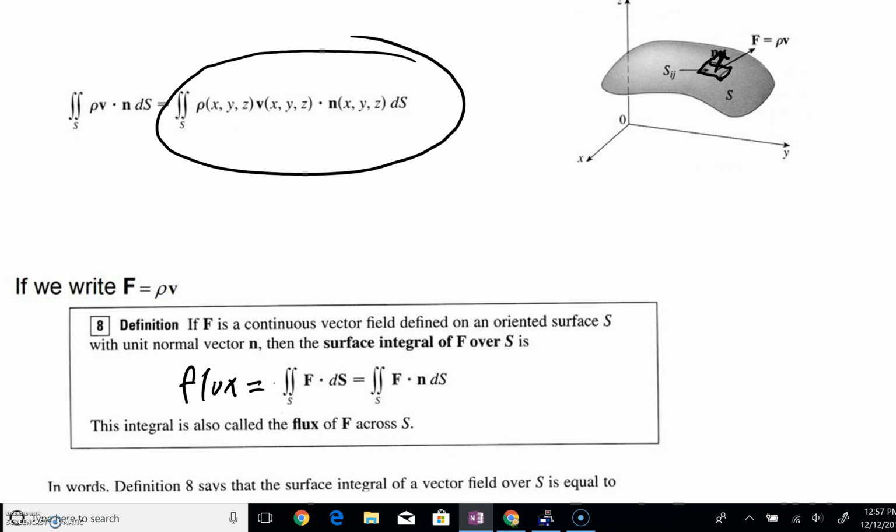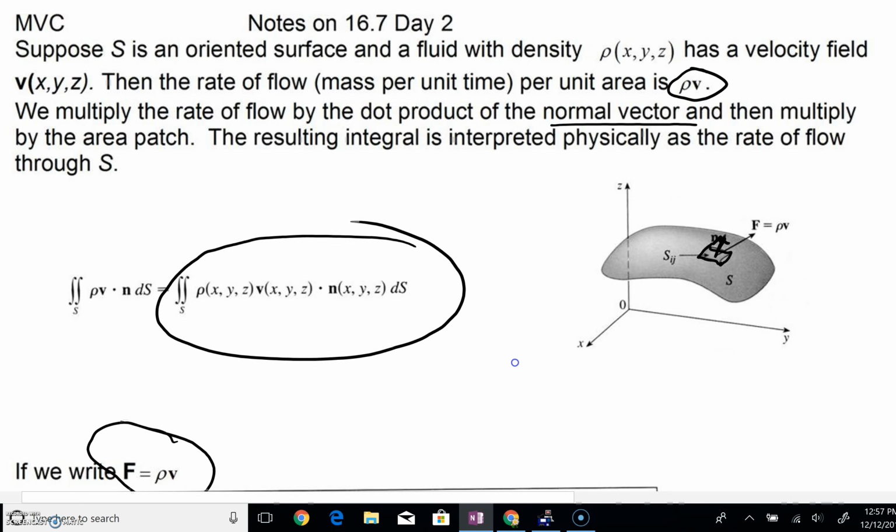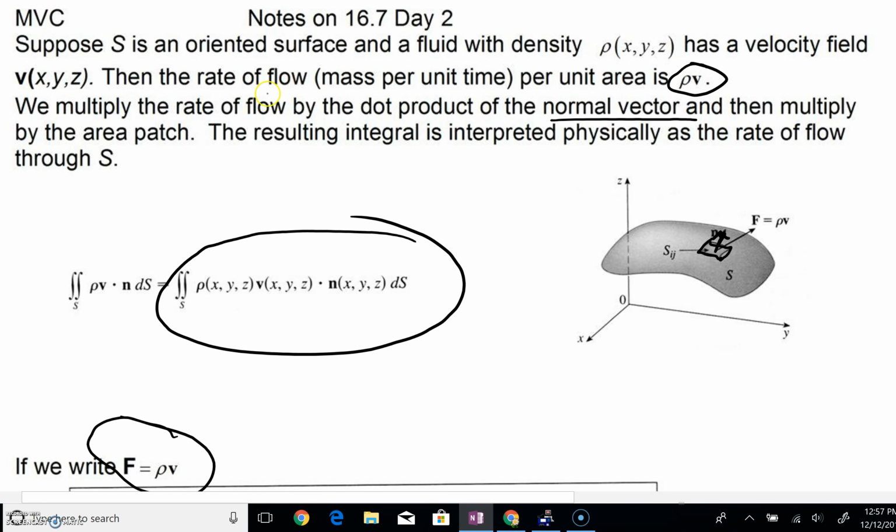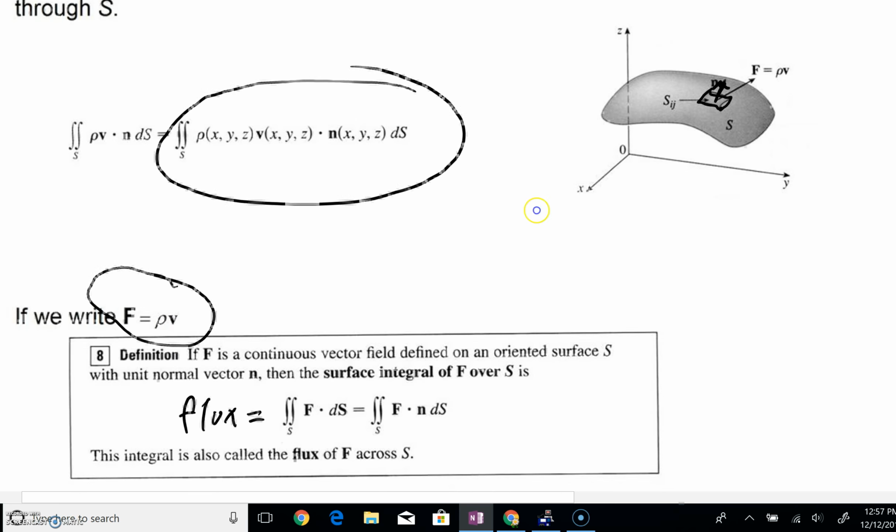So what you're going to see is you've got some kind of a vector field defined. And like we said earlier, it's really thinking about that as a rate of flow, mass per unit time per unit area.